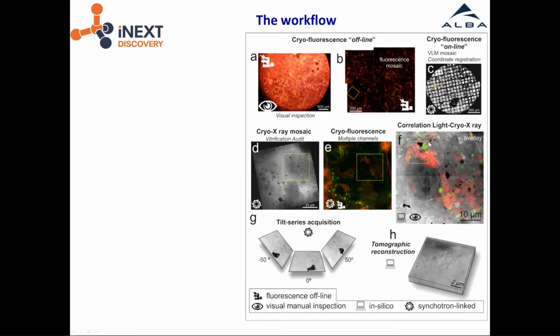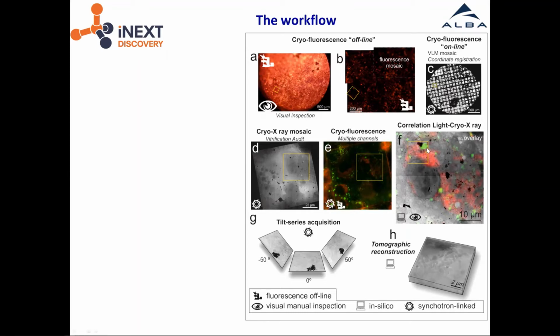So after that, after choosing your field of view, so the region where you will do the tomogram, the point here is that the cells are in general bigger than the field of view that we have in the microscope, which is between 10 and 15, 16 microns.